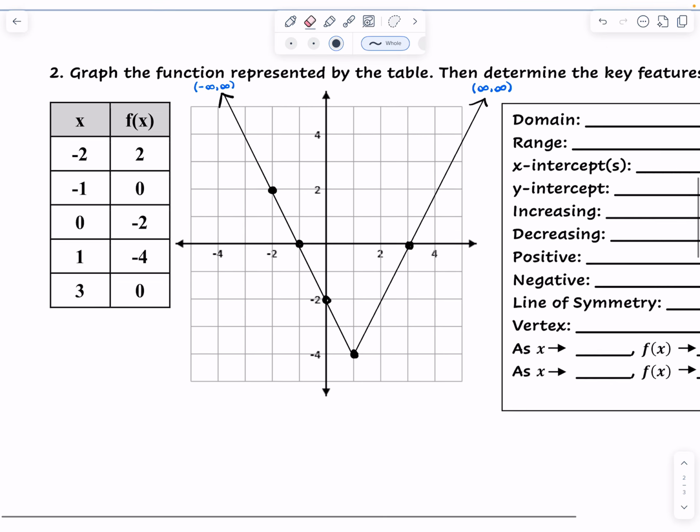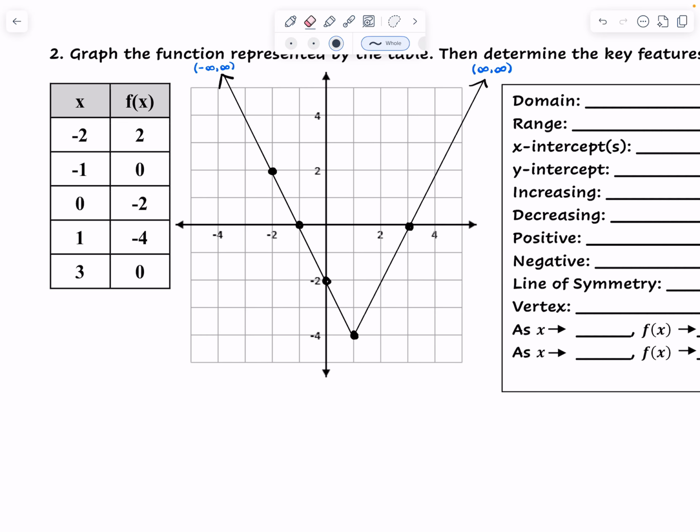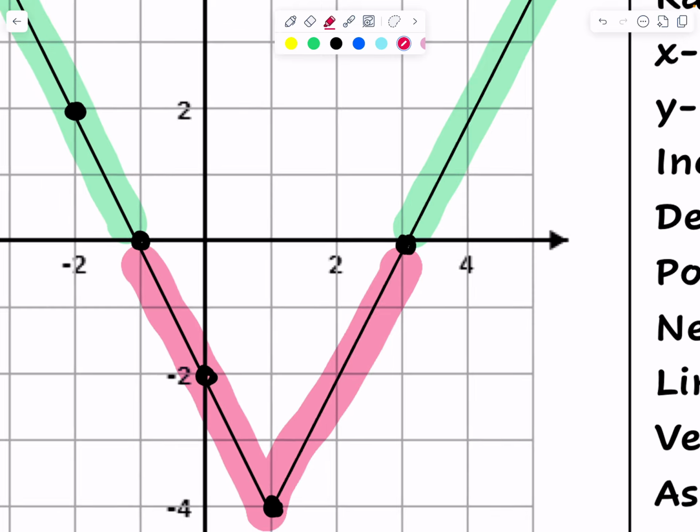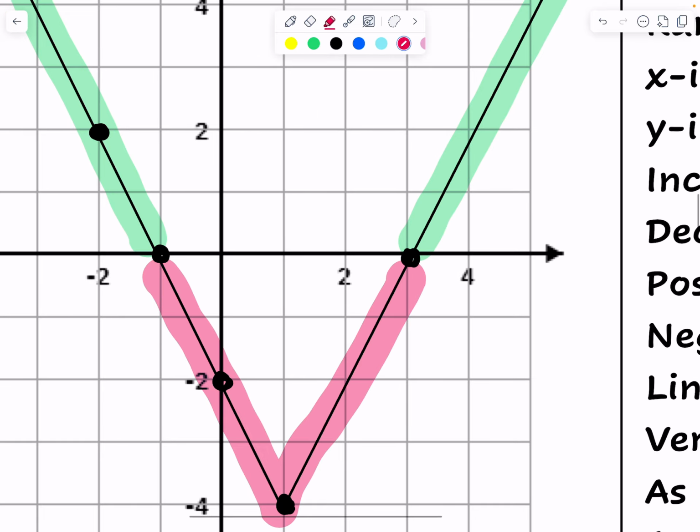All right, let's look at the one that you have for homework. Okay? So again, let me go ahead and talk about positive, negative. Okay? Now I'm going to zoom in here. I'm going to get you started, but I expect you to finish this one. Here, the x value equals -1.